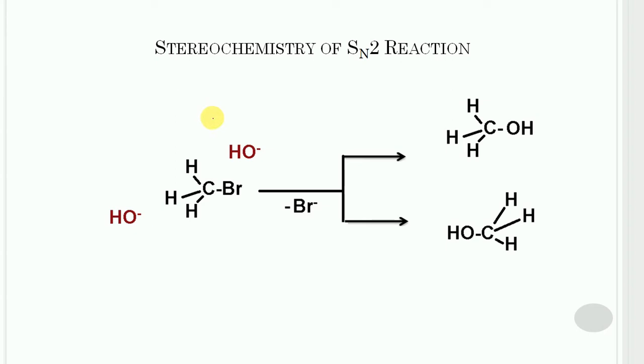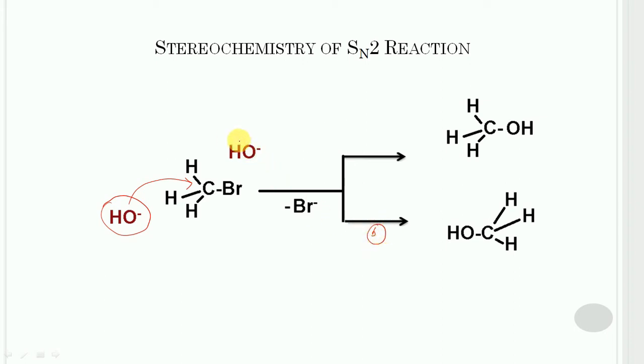Next is the stereochemistry of SN2 reaction. Let us consider the case of the hydrolysis of methyl bromide. In this case, if the hydroxide attacks from the back side, then this second product will be possible.